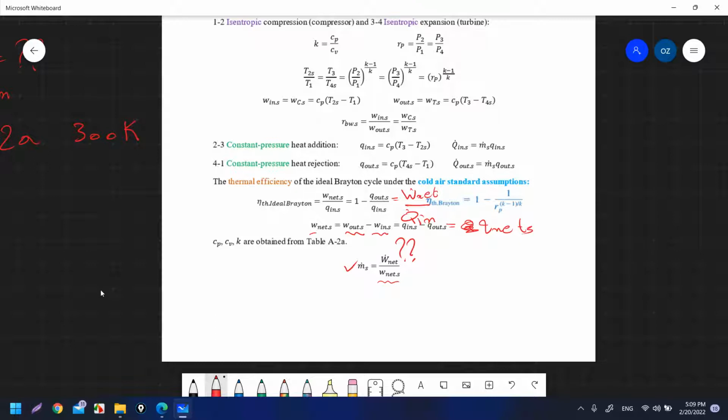So we can solve for w net using two equations. Either you say w out minus w in s, or q in s minus q out s. So let's solve with these two equations and see if they will give us the same numbers.